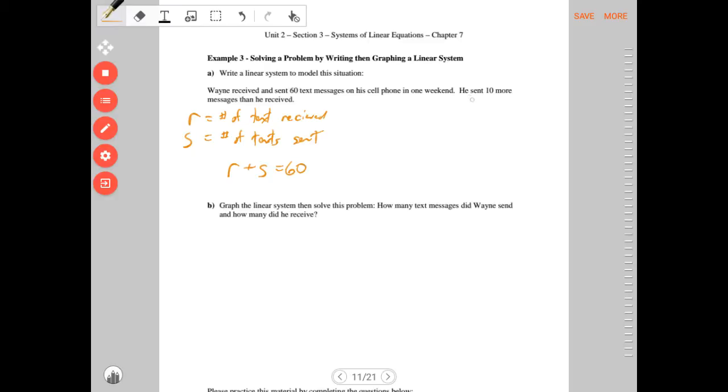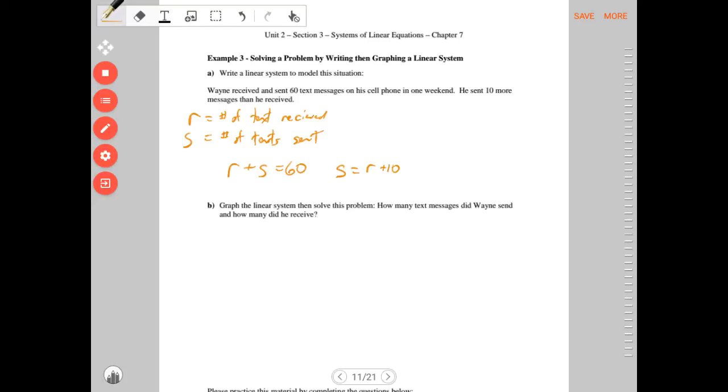And then he sent 10 more messages than he received. So what that means is he sent 10 more than he received. So remember that word more? In order to be more or less than something, we have to start with a something. So 10 more than we received.